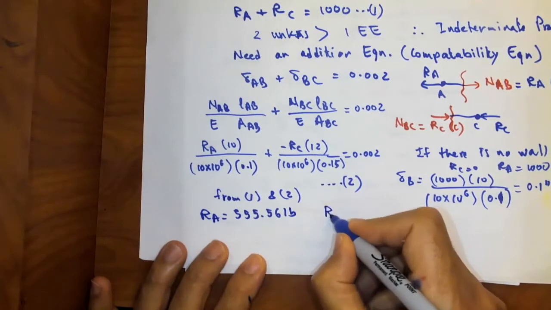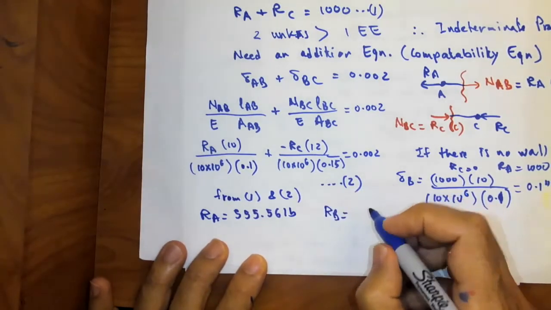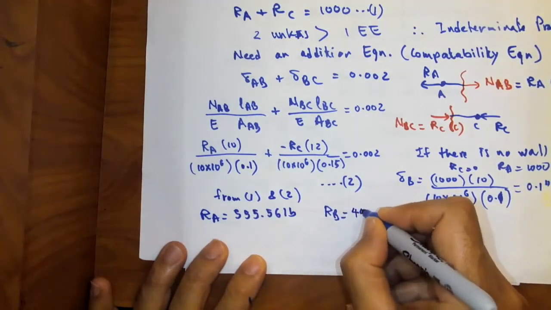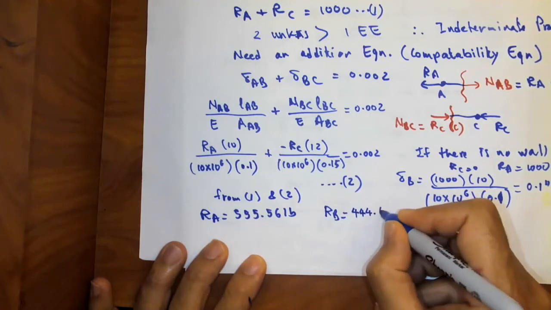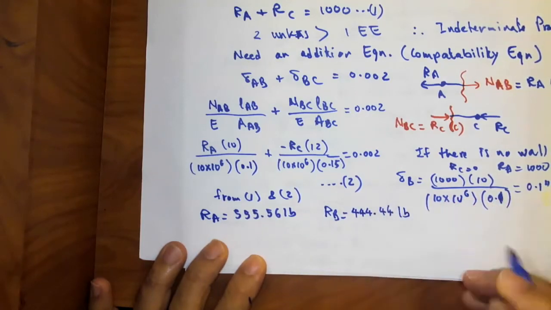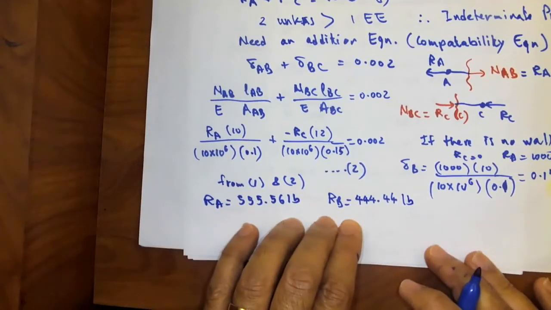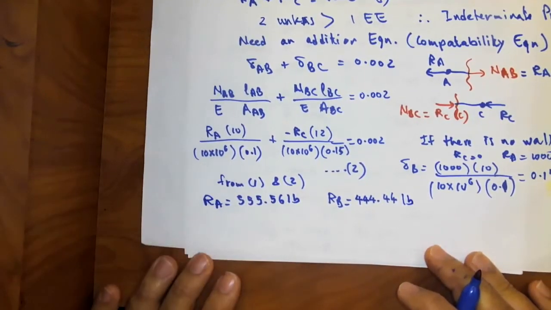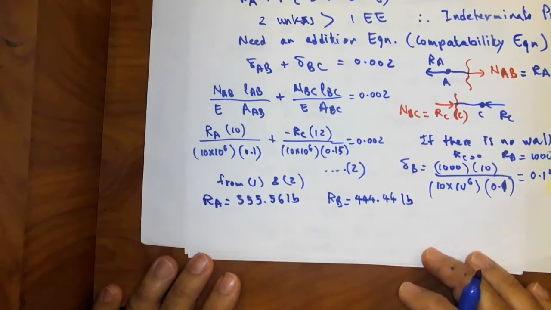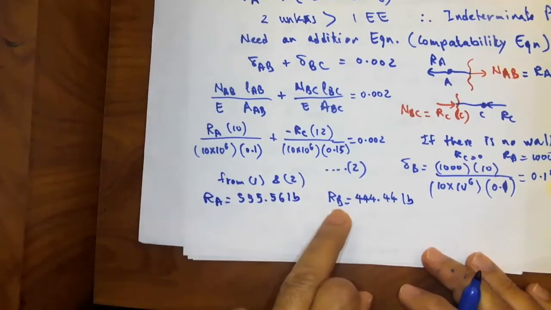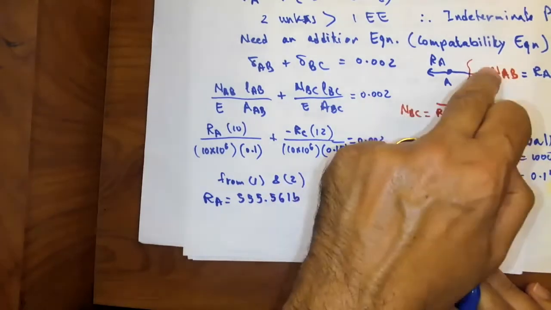And I can solve for RB to find that RB is 444.44 pounds. If I know RA and RB, these are the wall reactions that we were asked to find. And if I know RA and RB, I know the internal forces.